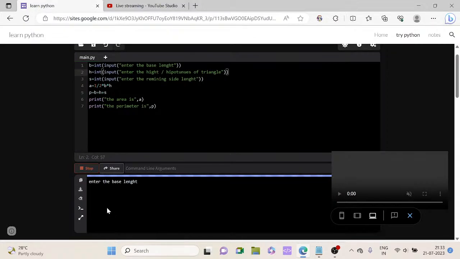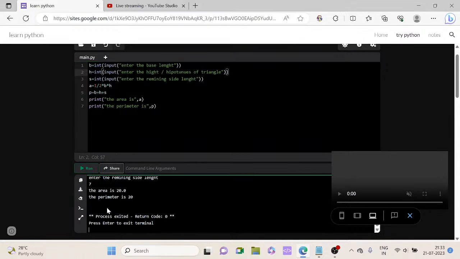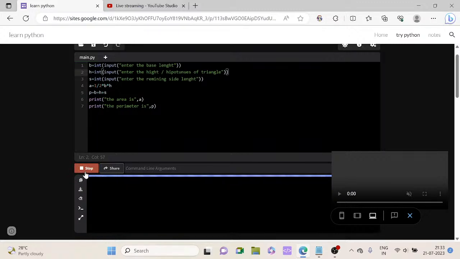So under the base length I will write 8, then 5, then 7, and now I will get the result. The area is 20.0, the perimeter is 20.0, so everything comes the same. Good, let's check once again.